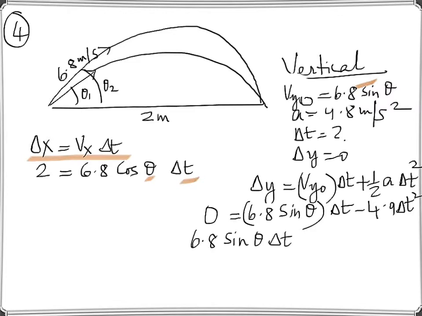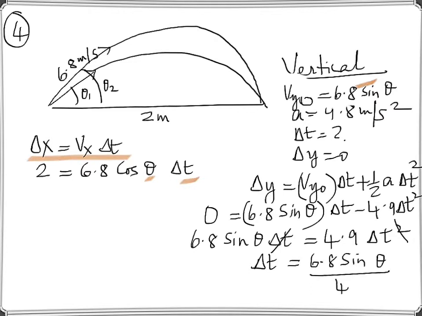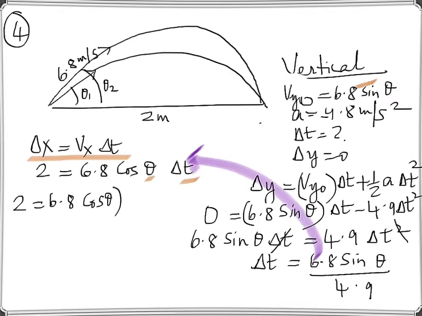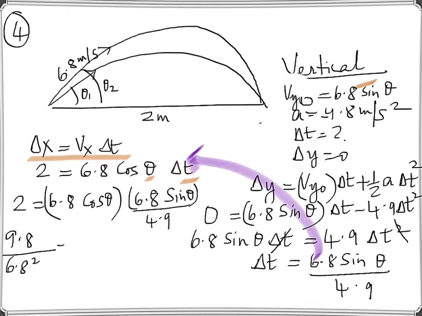Rearrange that equation to make delta t the subject, and plug it back into this equation. Simple substitution there. Rearrange, we're trying to find theta.